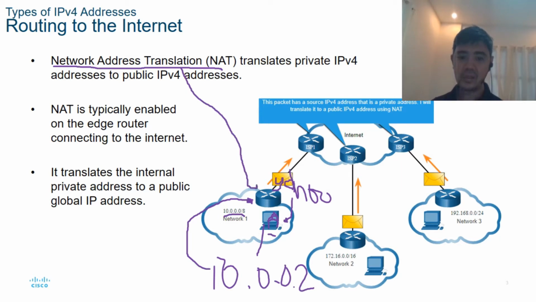So NAT should be properly configured in order for computers in this network to connect to the internet. NAT is a requirement in IPv4. It will be discussed in detail in Cisco Module 2. Again, what NAT does is translate the private IP into a public IP address.